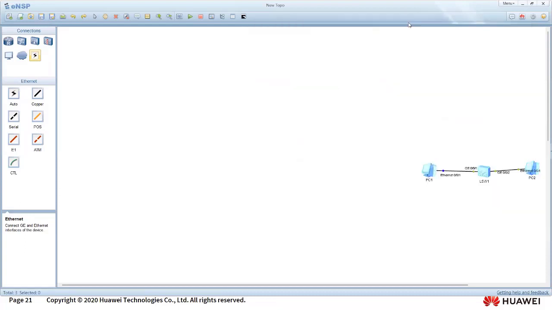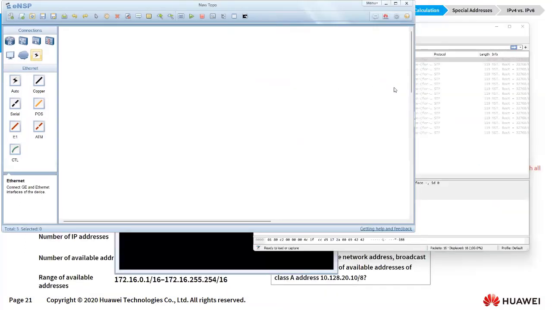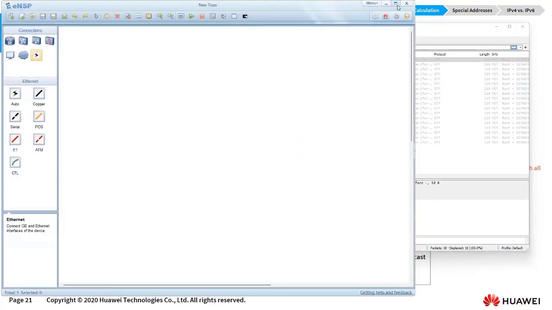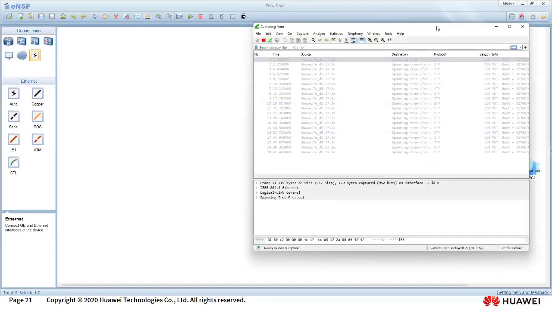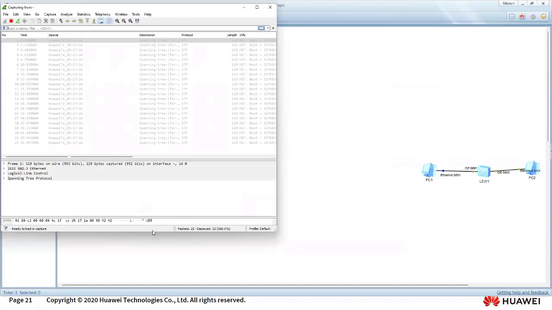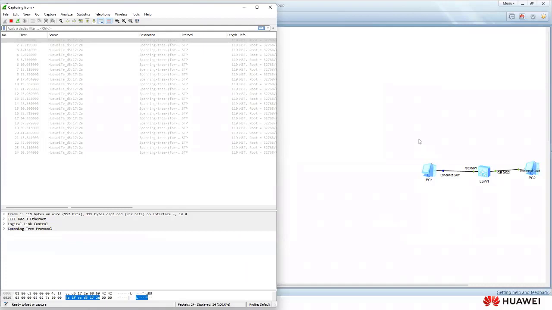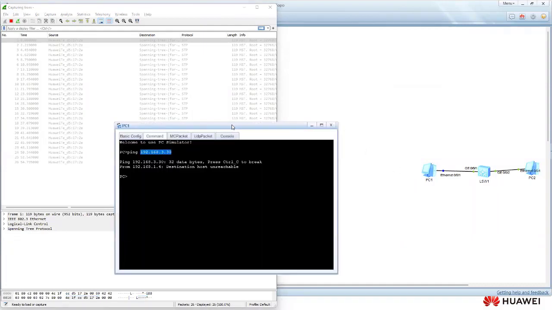Okay, so this is my packet capture. Excuse me. My packet capture is here, and my window for pinging is here.